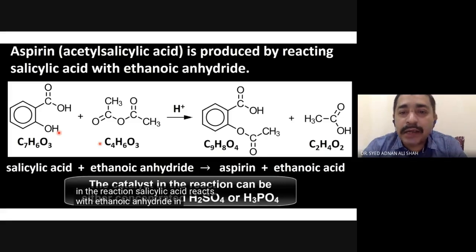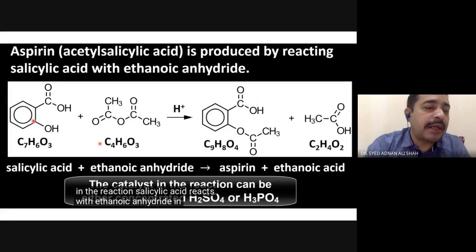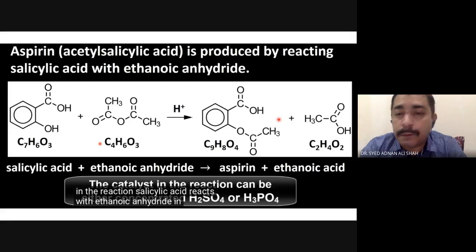But this is not possible in the case of aspirin, because in salicylic acid there is a free hydroxyl group, and the hydroxyl group has the property to form hydrogen bonding, meaning intermolecular attraction between the salicylic acid molecules. But in the case of aspirin, it is not possible because there is no free hydroxyl group.